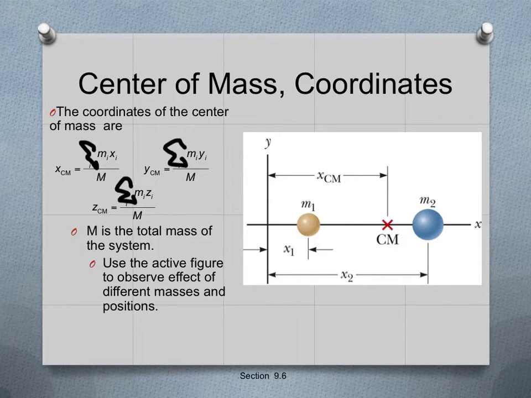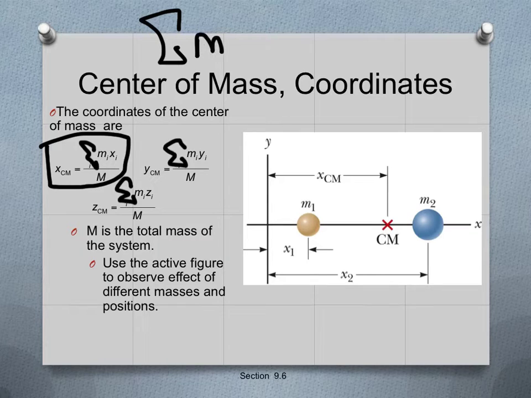So the formula here, if we just look at right now the x direction, because ultimately all of the directions are going to be the same. So if we break apart, we have the sum of mass times the position in the x direction.